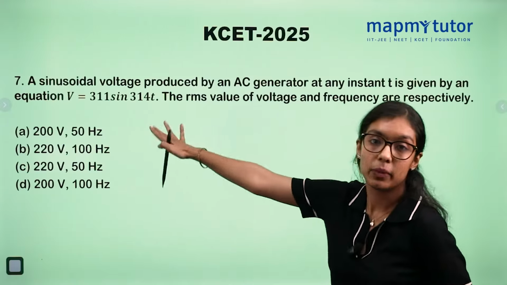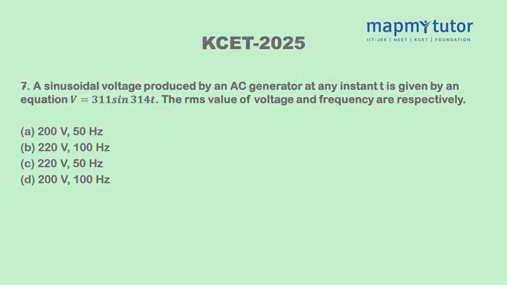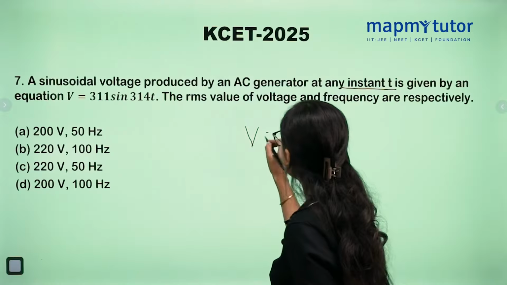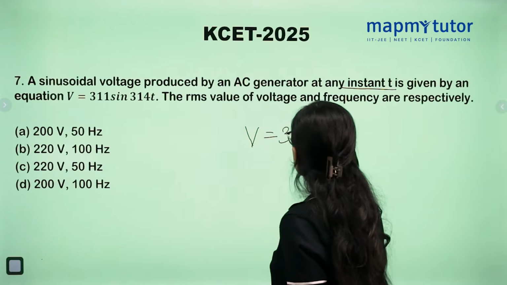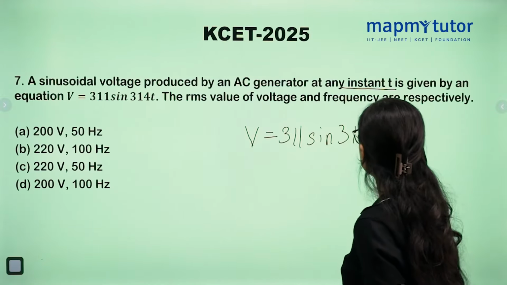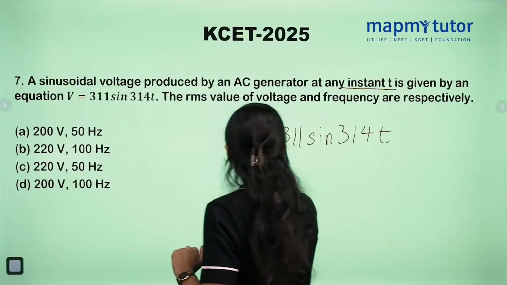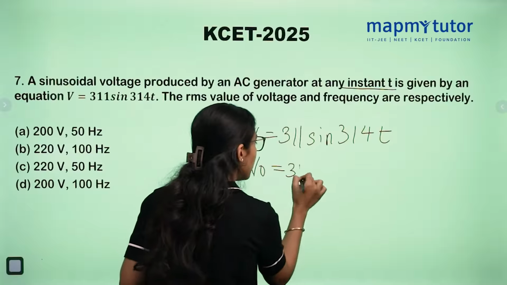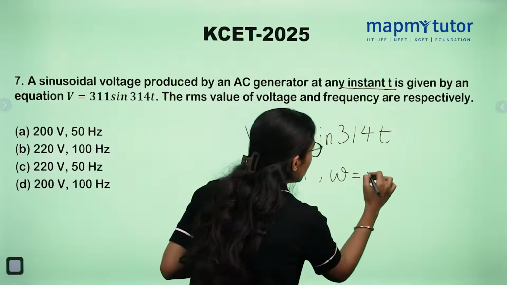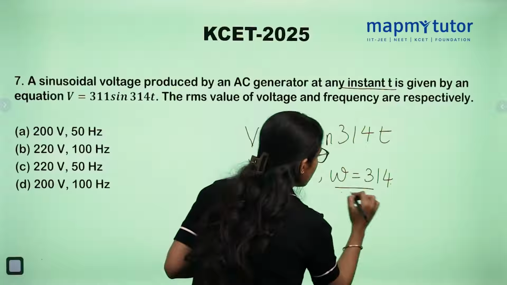Yes, this is also a very direct question. Let's read it. A sinusoidal voltage produced by an AC generator at any instant t is given by V equal to 311 sin 314t. When you read this, one thing should click in your mind, that V0 is 311 and omega is 314.